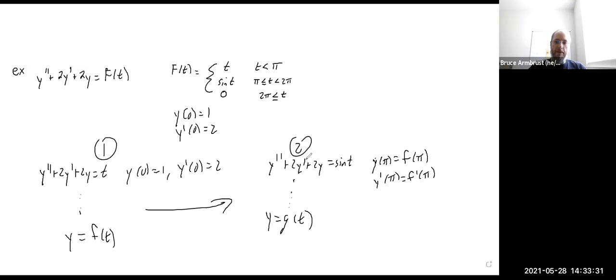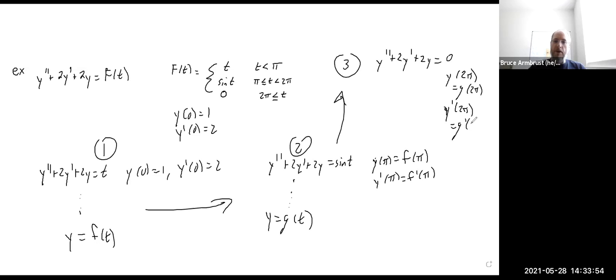Brings us over here to step 2, which then is going to bring us up here to step 3. Now we're going to go to the y double prime plus 2y prime plus 2y equals 0, but its initial conditions are going to be y of 2 pi equals g of 2 pi, and y prime of 2 pi is going to equal g prime of 2 pi.